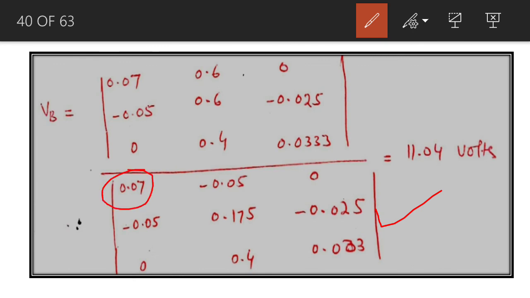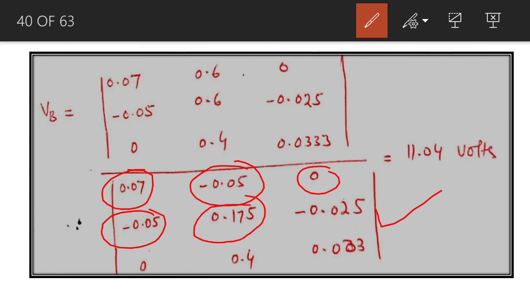G11 is 0.07 mho, G12 is minus 0.05 mho, G13 is 0, G21 is minus 0.05 mho, G22 is 0.175 mho, G23 is minus 0.025, G31 is 0.